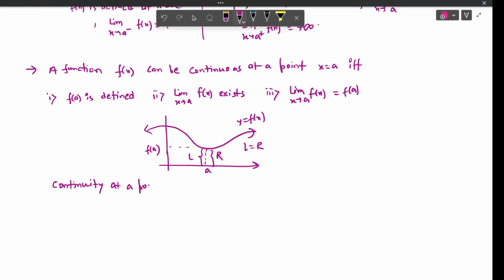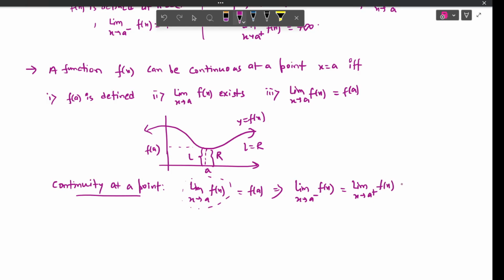So continuity at a point would be this thing: limit x tends to a of f of x equals f of a. This whole thing implies left hand limit equals right hand limit, right? So limit x tends to a minus f of x should be equal to limit x tends to a plus f of x, and that should be equal to f of a.